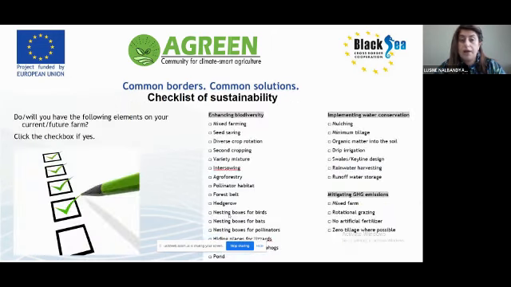And we have created a special short checklist in order for you to be able to check the sustainability of your own farm, or if you are going to provide this course to others, then you can use it as a checklist for ensuring sustainability.